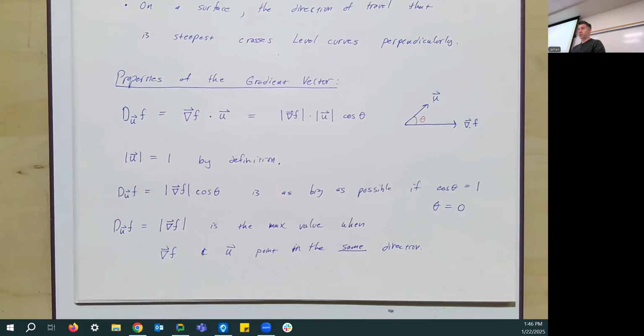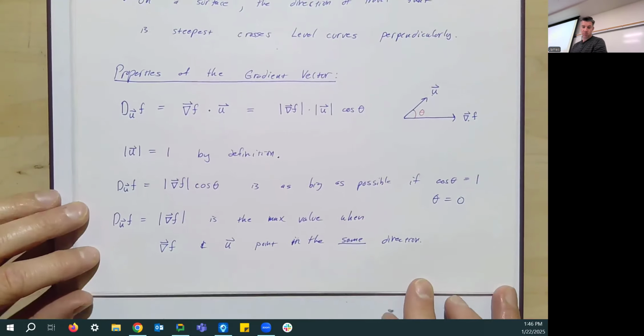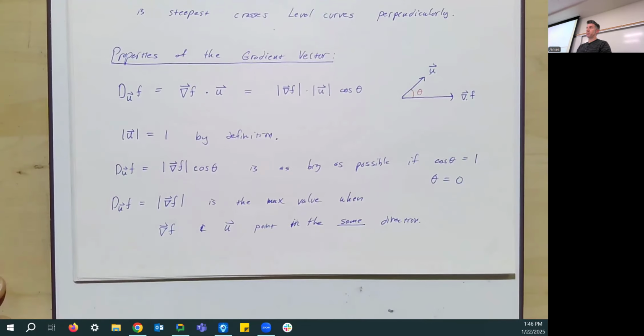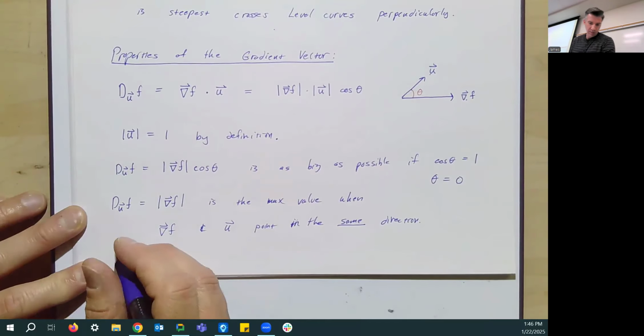Or in other words, the gradient is the direction of maximum steepness. Let me say it again. The gradient vector at any particular point is the direction where you have the steepest slope possible. So, yeah.